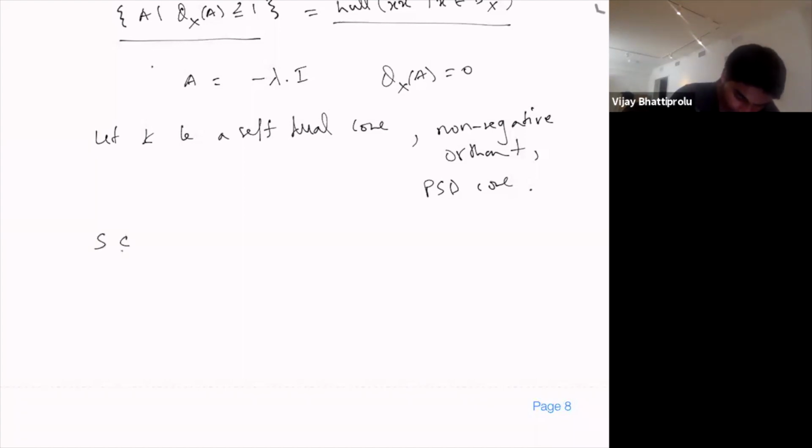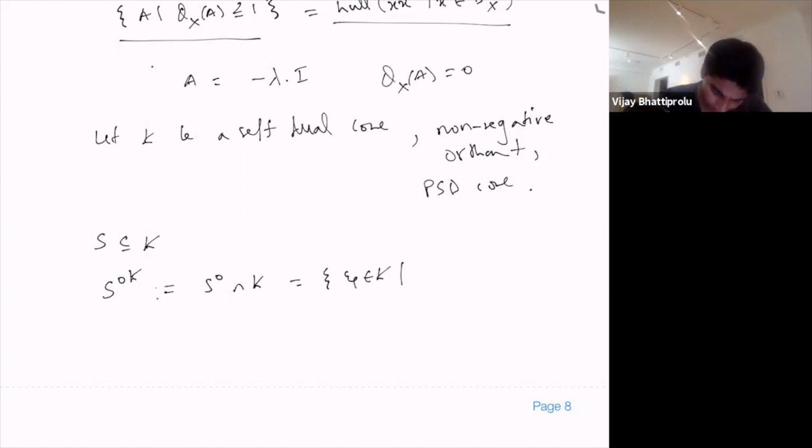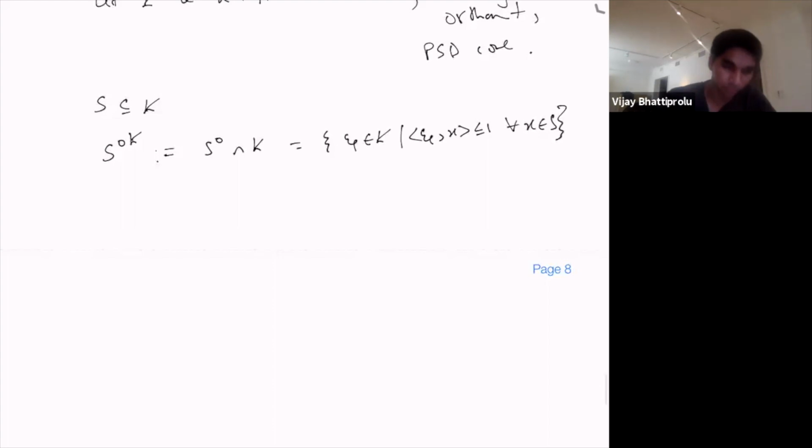Given a set S, we define its polar with respect to K as just the intersection of S polar and K. In other words, it's the set of Xi in K such that Xi inner product X is at most 1 for all X in S. We'll call this the conic polar.